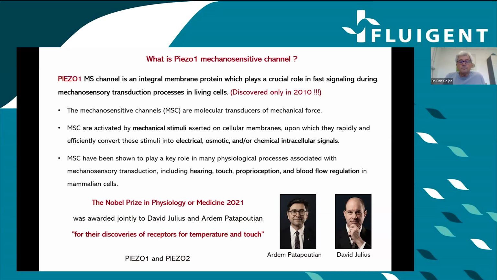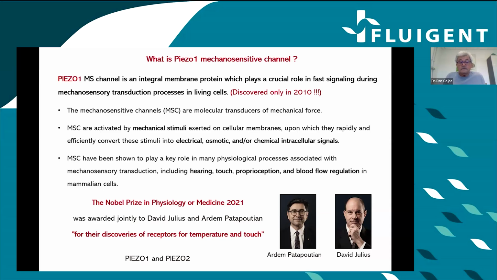They have been shown to play a key role in many physiological processes associated with mechanosensory transduction, including hearing, touch, proprioception, and blood flow regulation in mammalian cells. So they are quite important to guarantee good function of the cells.